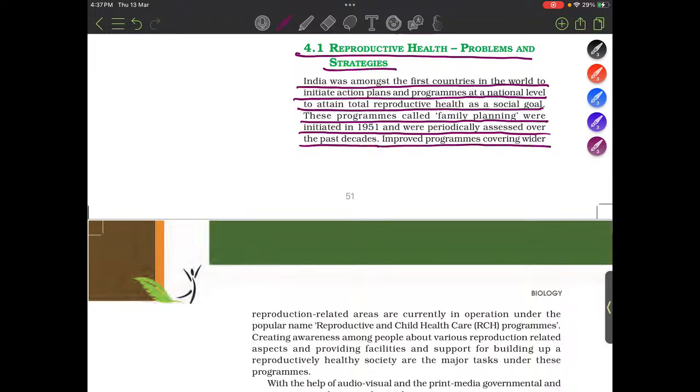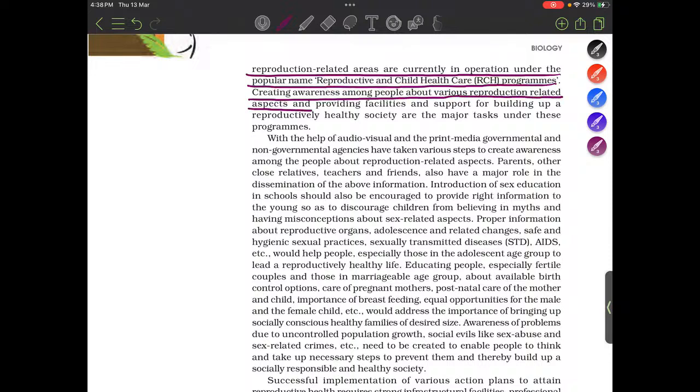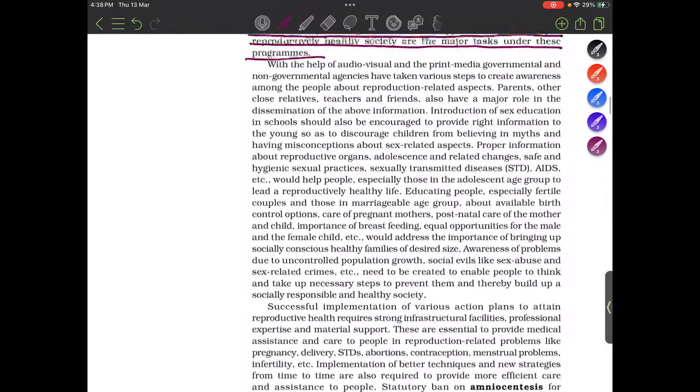Improved programs covering wider reproduction related areas are currently in operation under the name Reproductive and Child Healthcare (RCH) programs. Creating awareness among people about various reproduction related aspects and providing facilities and support for building up a reproductively healthy society are major tasks under these programs.